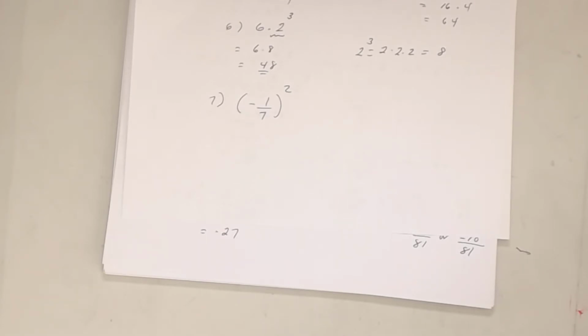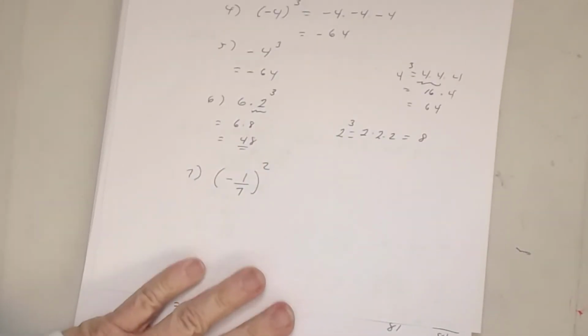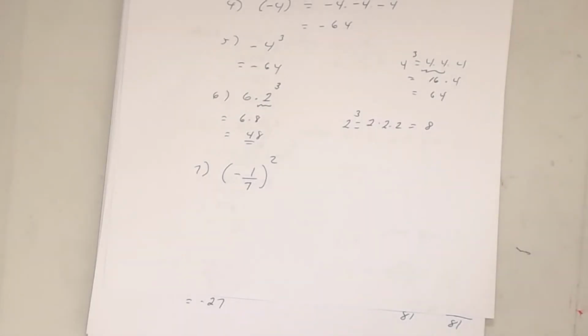Write the number 7 on that first part. The square is in parentheses? No, Angela. -1/7 in parentheses is being squared. Okay, Angela, look. Can you see it? That's how it looks. Okay?